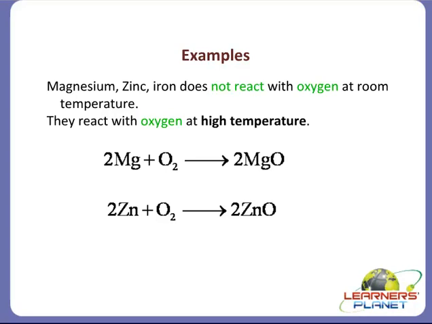So magnesium reacts with oxygen, giving you what? Magnesium oxide. Likewise, zinc reacts with oxygen, giving zinc oxide. So this reaction takes place at high temperature. So children, which is more reactive? Sodium and potassium, and the rest are less reactive with oxygen.